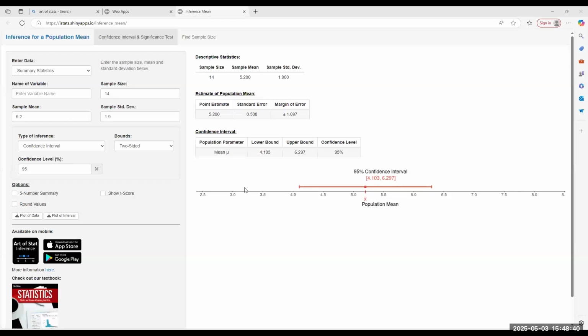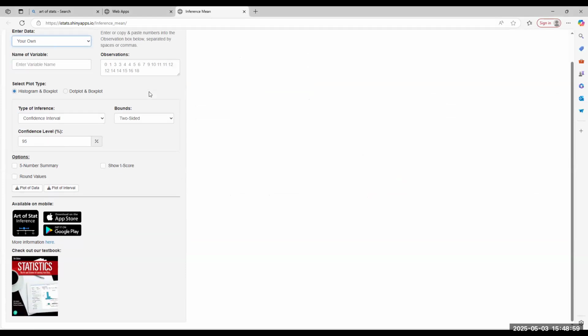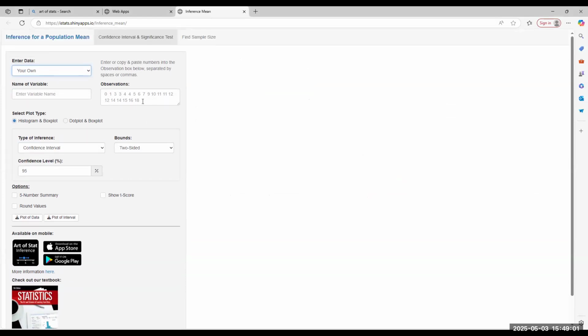If you want to do it by the application, the summary that we used is not going to be useful here. You have to go to the full version that we have. You can choose my own data. For your own, you have to put in the numbers that you have. The numbers that we have are the following.